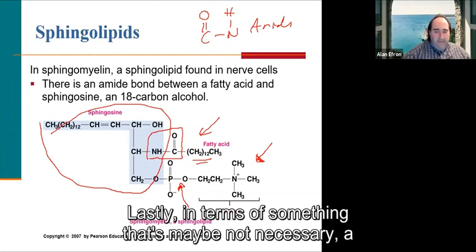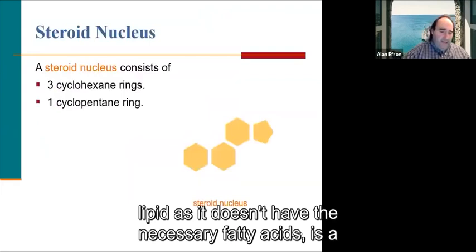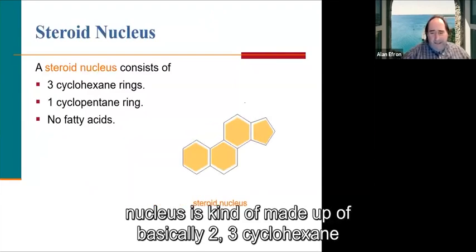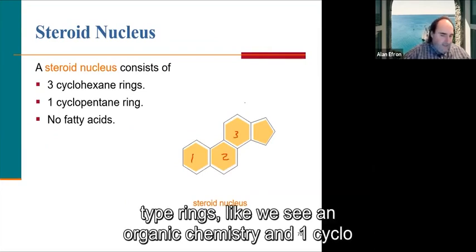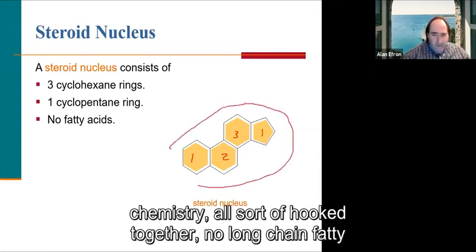Lastly, in terms of something that's maybe not necessarily a lipid, as it doesn't have fatty acids, is a steroid nucleus. What we see here to the right is a steroid nucleus. It is made up of basically 3 cyclohexane type rings like we see in organic chemistry, and 1 cyclopentane ring, all hooked together.